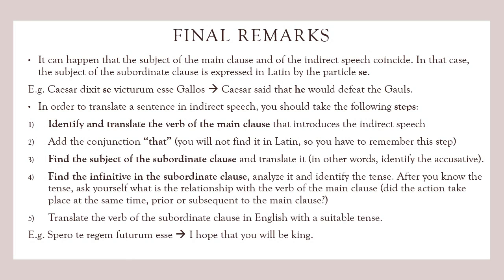In this case, we have futurum esse, which is the future infinitive of sum. So we know that the action of you being king will happen afterwards, me hoping that. And so, in English, I will probably need the future. So I hope that you will be king. And this is how you translate this sentence.